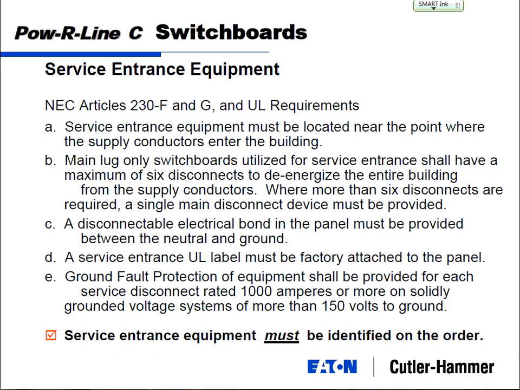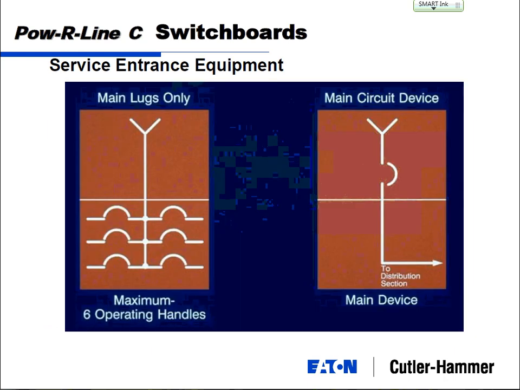With that said, we need to have this information as a manufacturer when we build this equipment. You can have a 6 disconnect rule, no more than 6, or you can have a main breaker, and both can be service entrance type equipment.